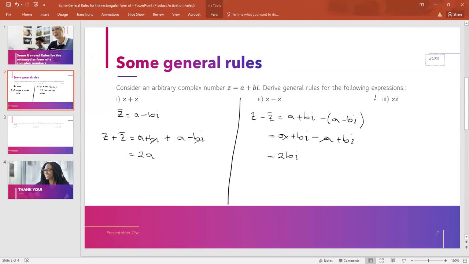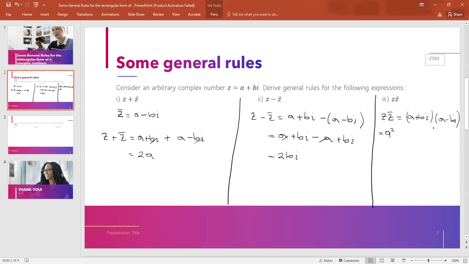Okay, let's move on now to the general rule for the expression z times z bar. So this gives us a plus bi times a minus bi. Remember how we multiply, we're going to have a times a gives us a squared.